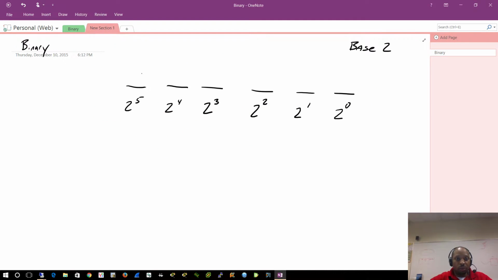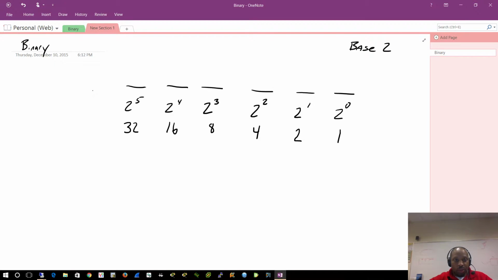So let's come over here. If we were to write the decimal equivalent of each one of these numbers, this would represent your ones column. This is your twos. 2 squared is 4. 4 times 2, or 2 cubed, is 8. 2 to the 4th, 16. And 32. If you see a pattern here, it's because that's by design.